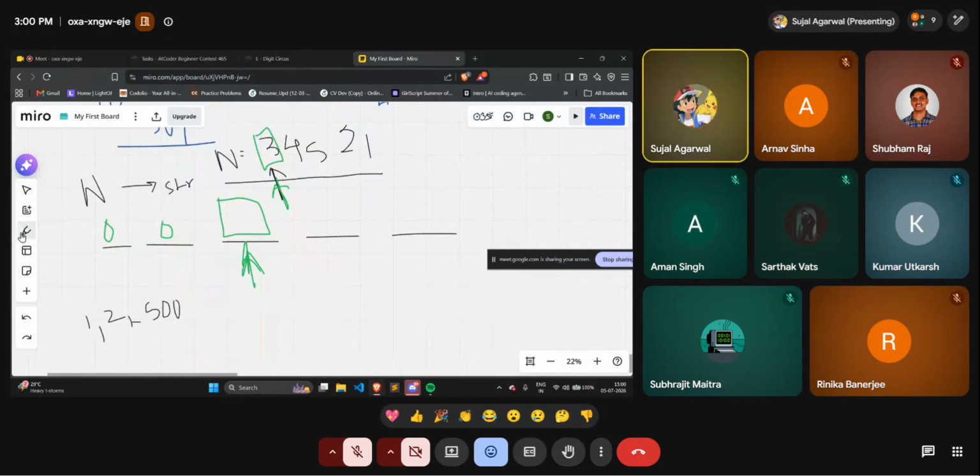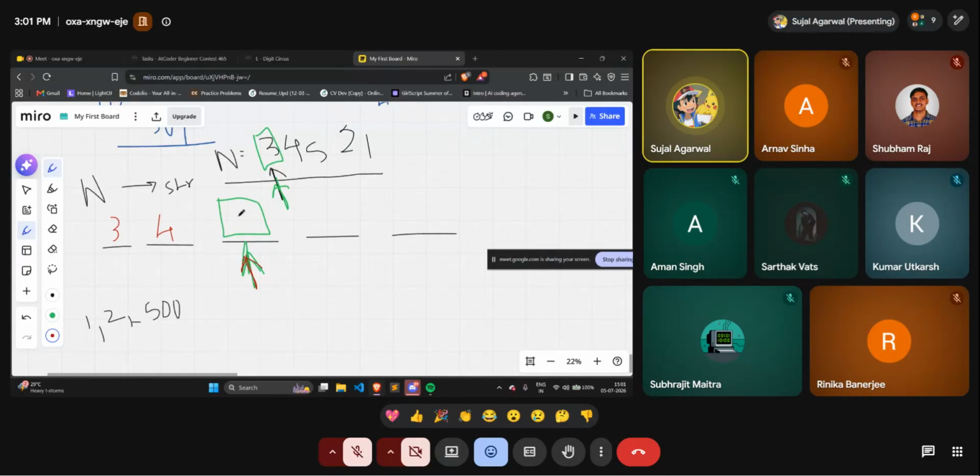Suppose we have put a 3 over here at this point, a 4 over here at this point, and we are looking to place the digit over here.